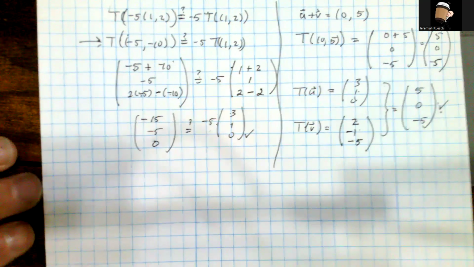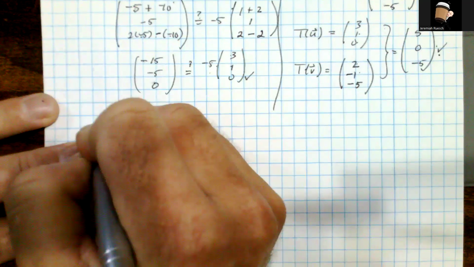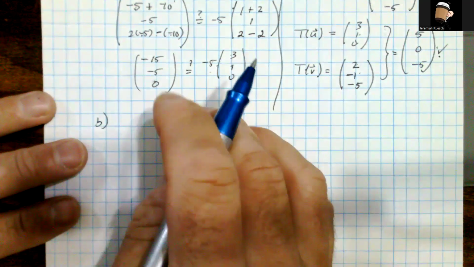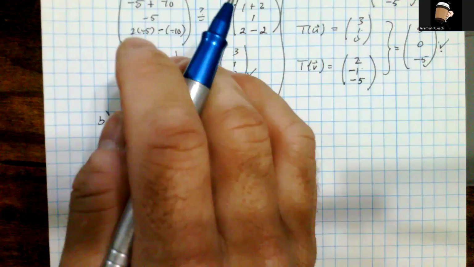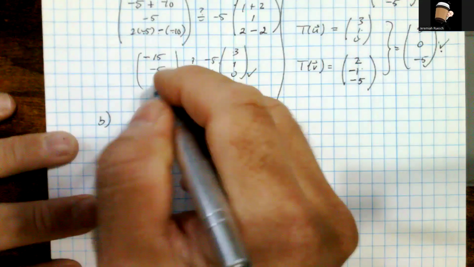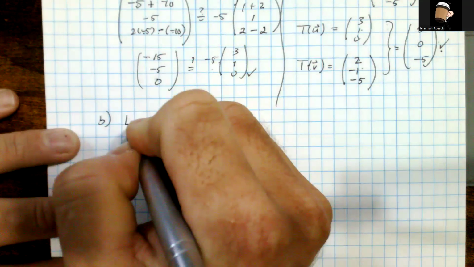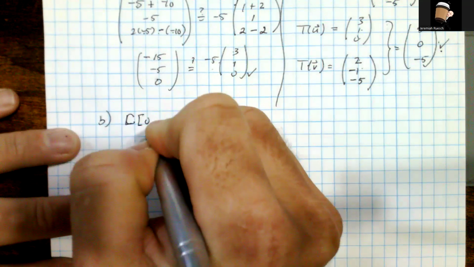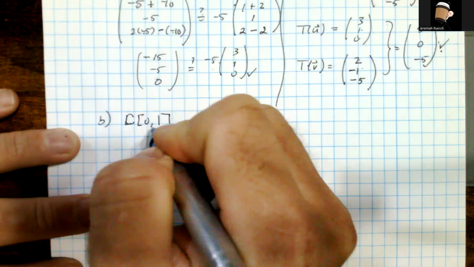Okay, so for part B for this example, we were looking at the set of continuous functions on the interval from 0 to 1.